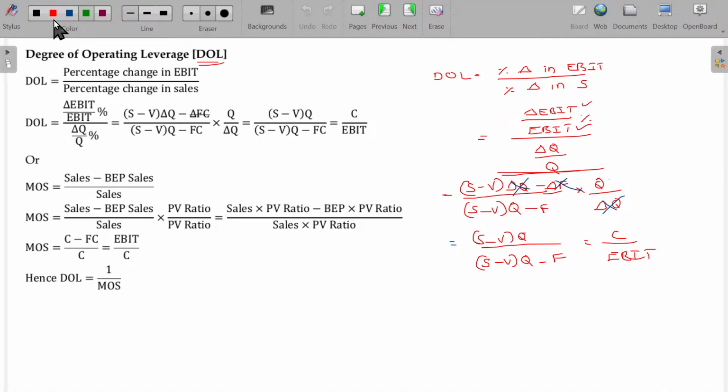Now, that's a very interesting formula here. If you are aware about the margin of safety, what is the formula for margin of safety? Sales minus BEP is the margin of safety. Am I right?